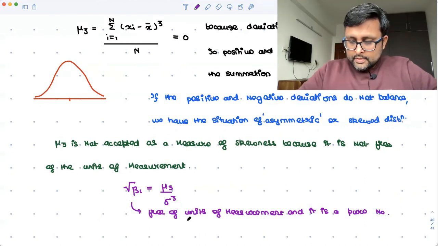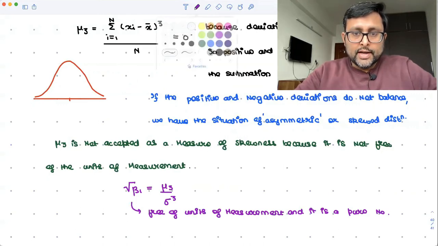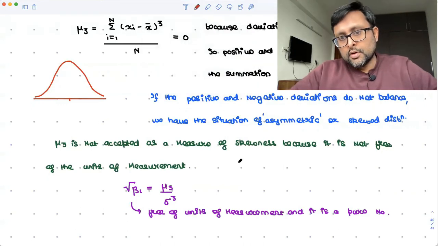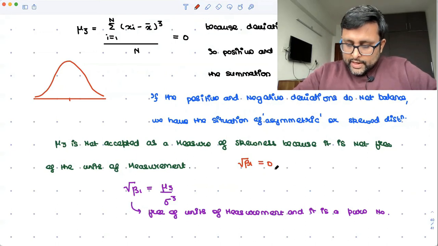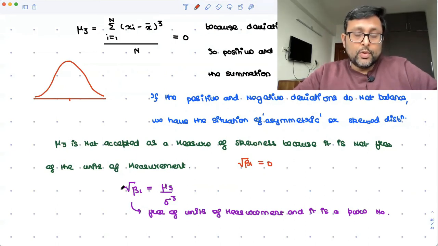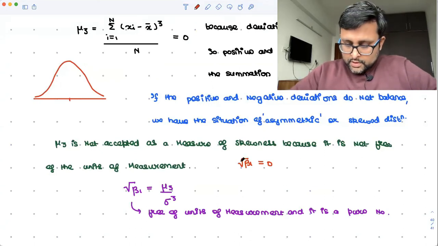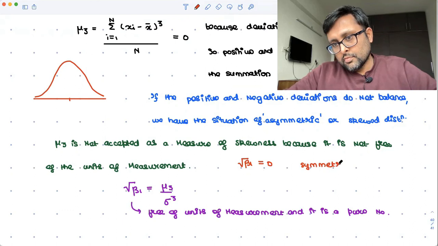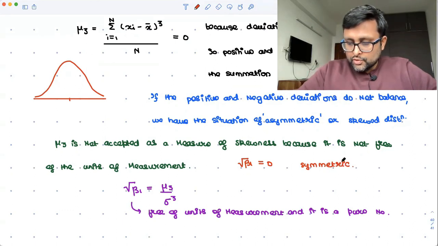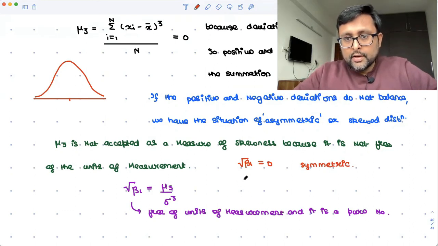Right. So you can write that if root of beta 1 is equal to 0, and when is root of beta 1 going to be 0? When mu3 is going to be 0. So when mu3 is 0, you have seen that the distribution is symmetric.